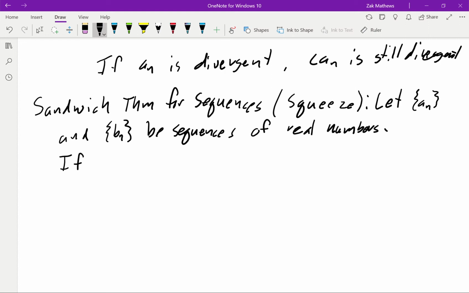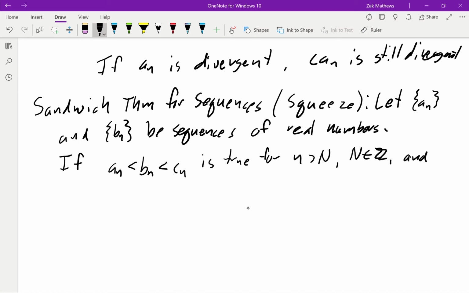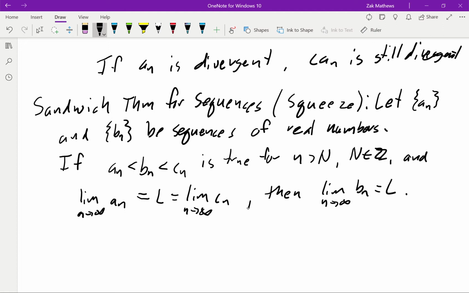If the sequence An is less than Bn, which is less than some other sequence, we'll call it Cn, is true for n greater than N, where N is just some integer, and if the limit as n goes to infinity of An is equal to L, which is equal to the limit as n goes to infinity of Cn, then the limit as n goes to infinity of Bn has to also equal that L. And that makes sense.